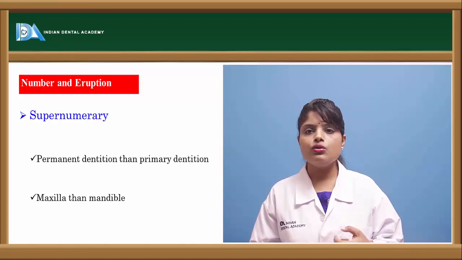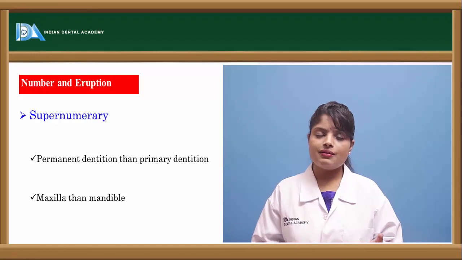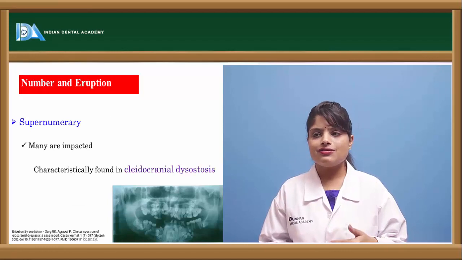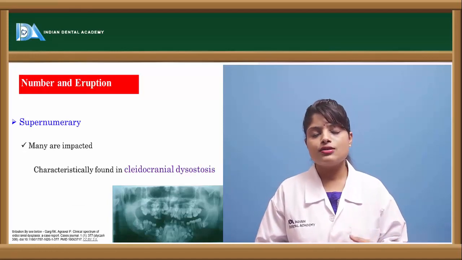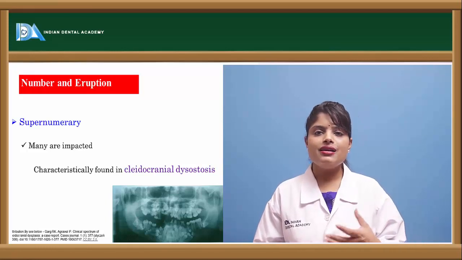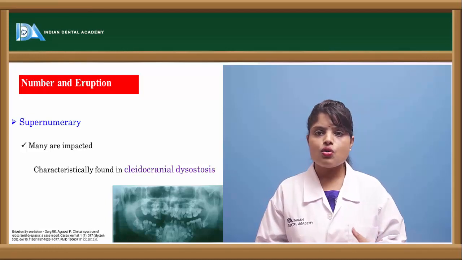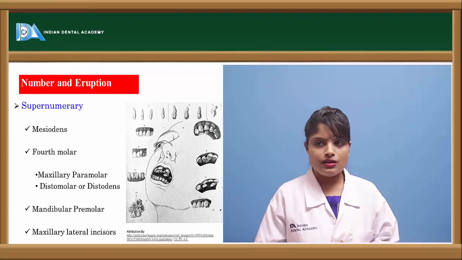It is a smaller tooth which is found between the two incisors. Supernumerary teeth can be found in both primary and permanent dentition, in the maxilla as well as the mandible. Sometimes supernumerary teeth can also be associated with impaction, and there are syndromes, the basal cell nevus syndrome or the cleidocranial dysostosis syndrome, in which a number of supernumerary teeth are formed impacted in the jaws.